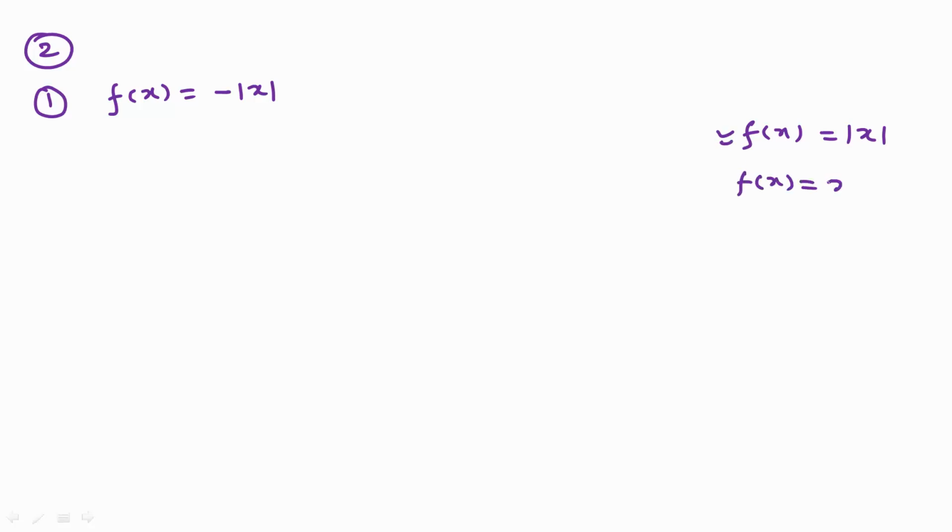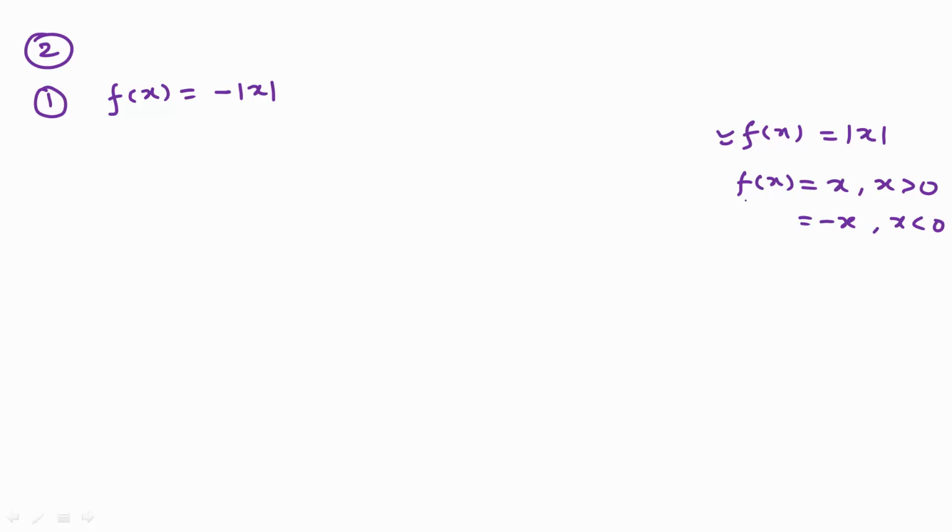In question number 2, the first one is f(x) = -|x|. If f(x) = |x|, this can be written as f(x) = x when x is greater than 0, or f(x) = -x when x is less than 0.